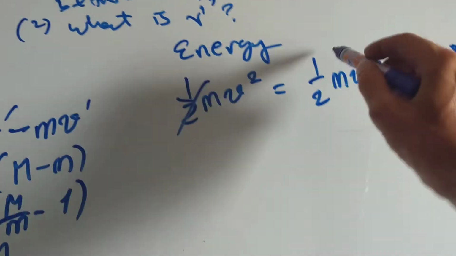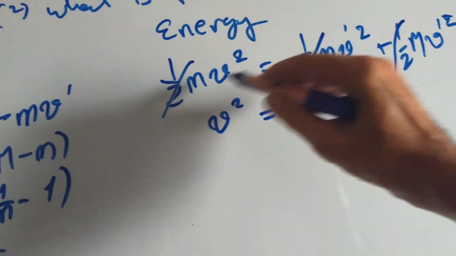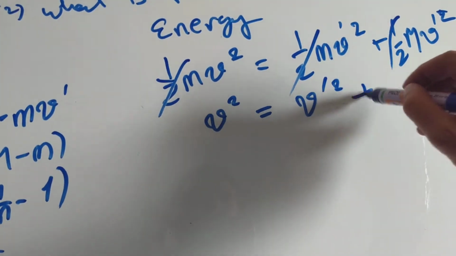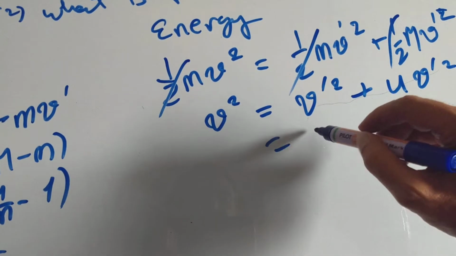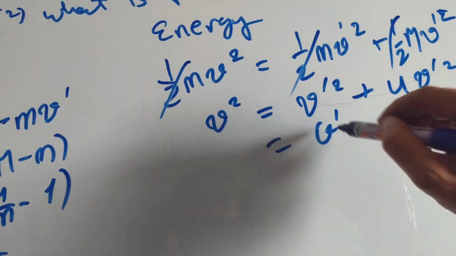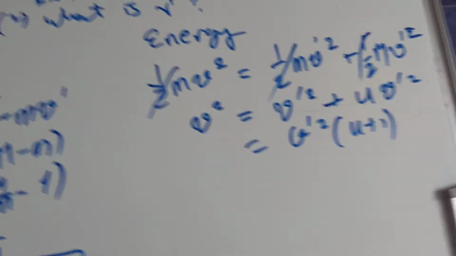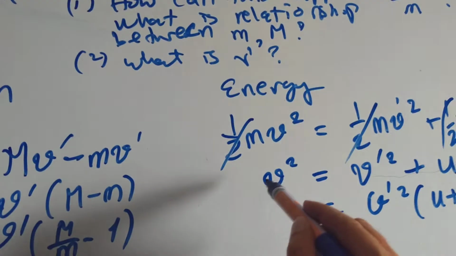All right, let's cancel out these things. Let's also divide by m, and I get v prime squared plus u v prime squared. So I can factor this out. v prime squared times u plus 1. There we go. Very nice. Now look here, I have a v here and I have v here.